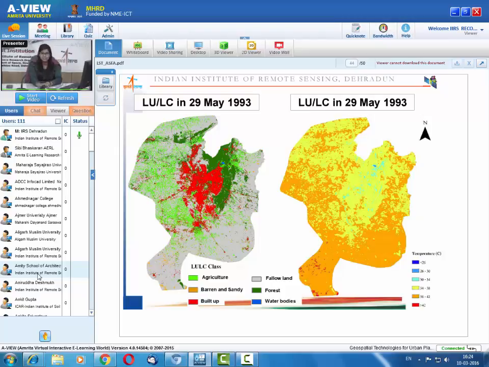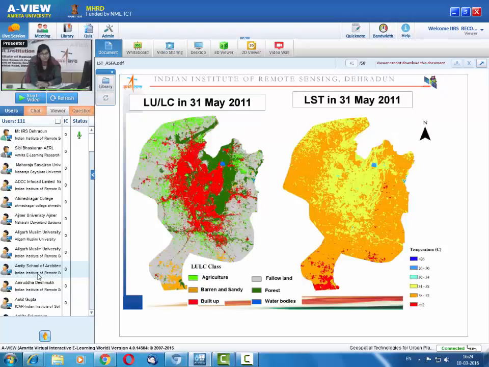But believe me, we are talking about Jaipur, the month of May, and we are talking about a situation which generally does not exist in other composite areas. 31st May 2011, same Jaipur, lot of urban area, but as compared to the surrounding bare soil areas and the fallow land areas, the temperature of the urban area is lesser.